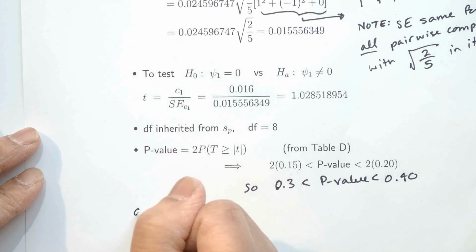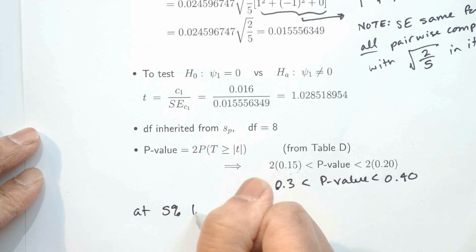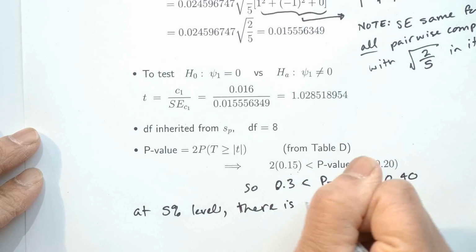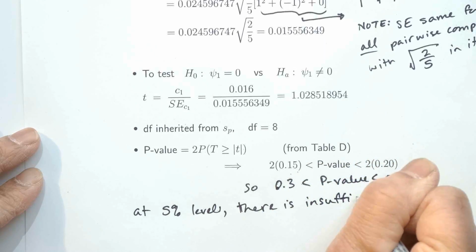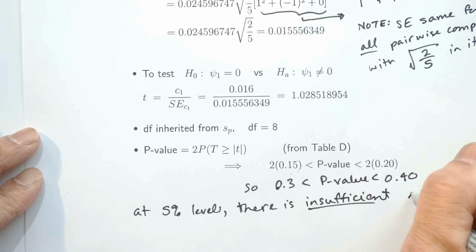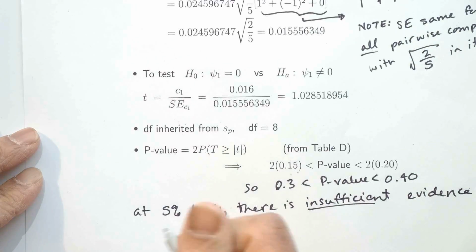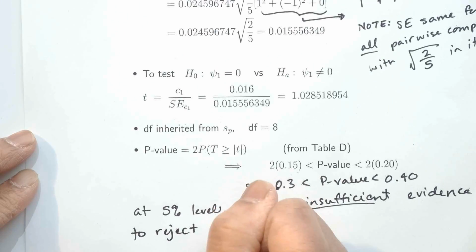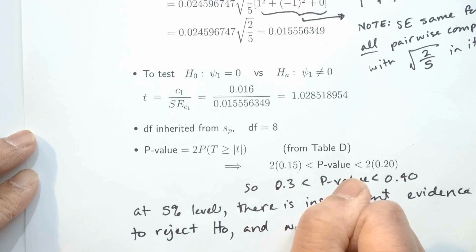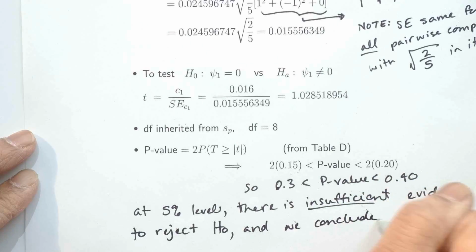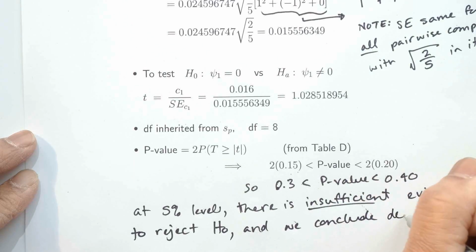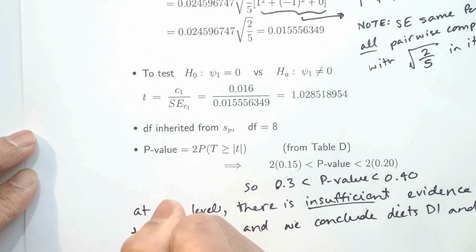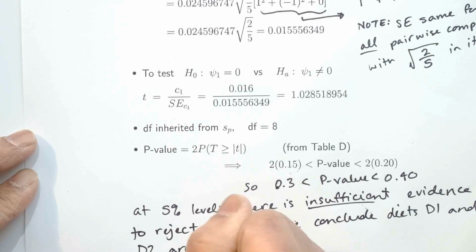So let's say at the 5% level, there is insufficient evidence to reject H naught, and we conclude that diets D1 and D2 are not significantly different.